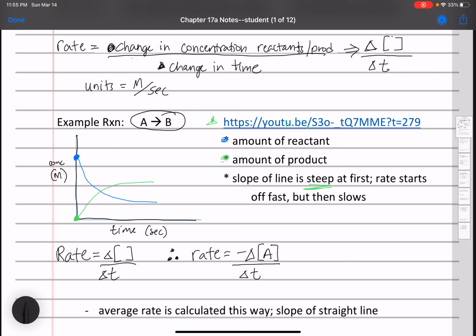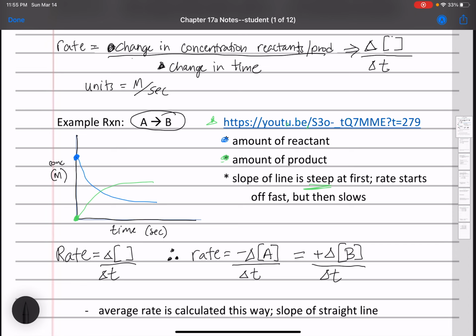So if the change in concentration of A is going to be a negative number, then we need to negate that with the negative sign so that we'll have a positive value for rate. The rate of the reactant declining is equal to the rate of the product forming. So these two rates are going to be equal to each other.